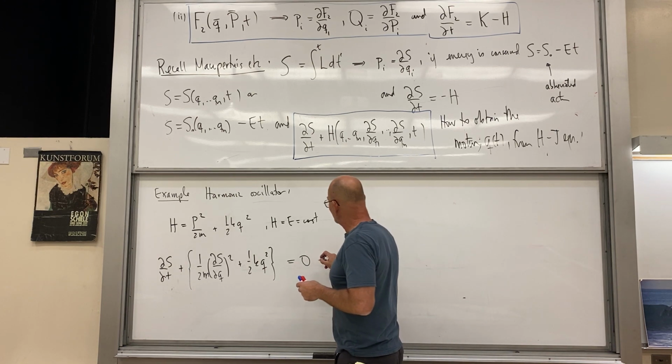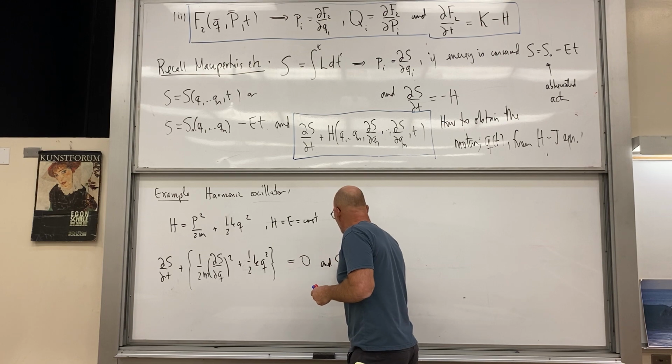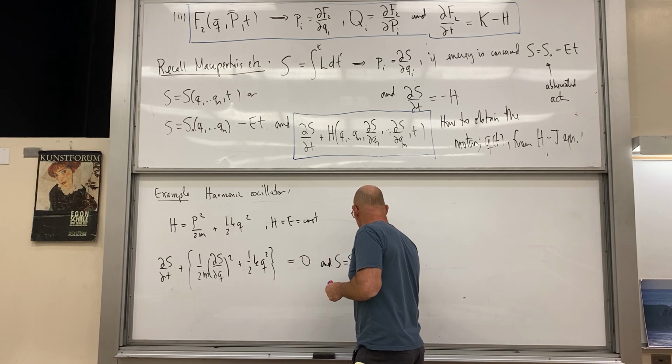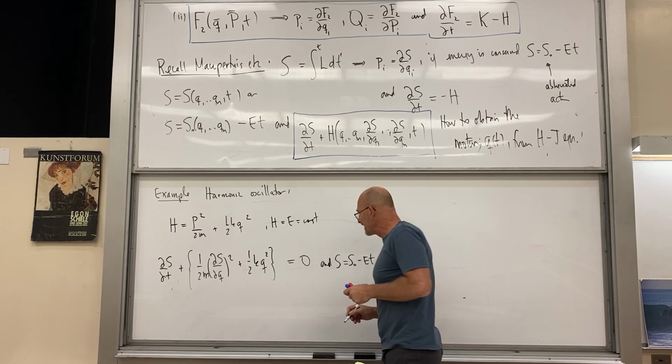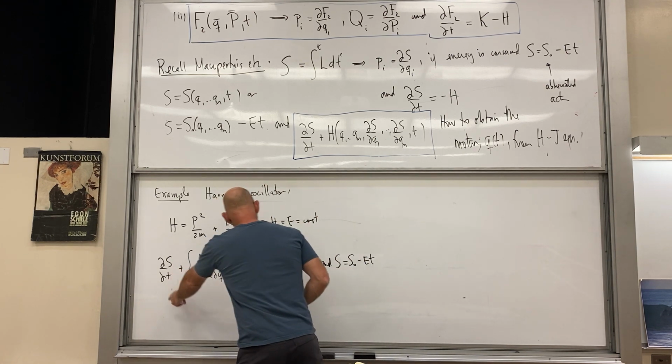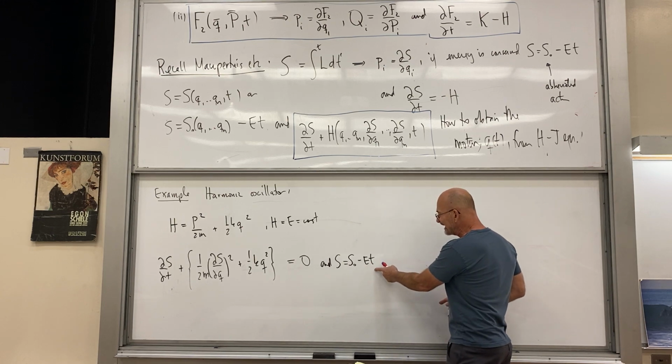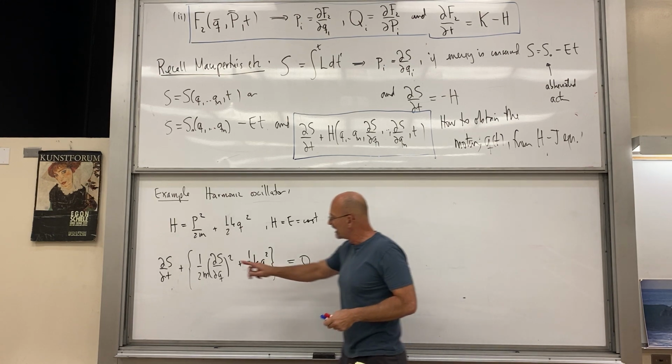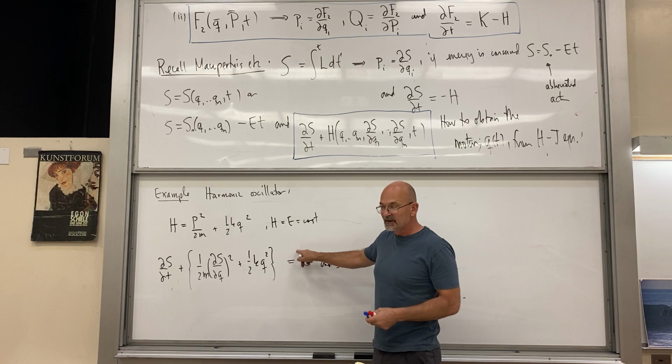And in fact, since S equals S0 minus E times t, we could even write this. The ∂S/∂t is going to be minus E. So I'd have a minus E plus this equals 0.